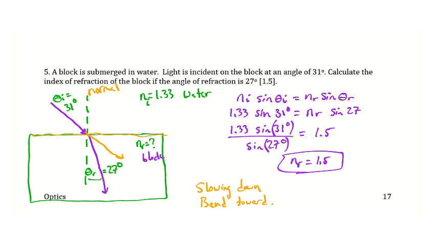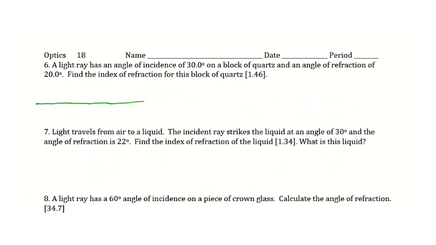Now let's take a look at another example. So let's take a look at this example, number 6, sketching the normal. So we're going into a block of quartz. So this block is the quartz.